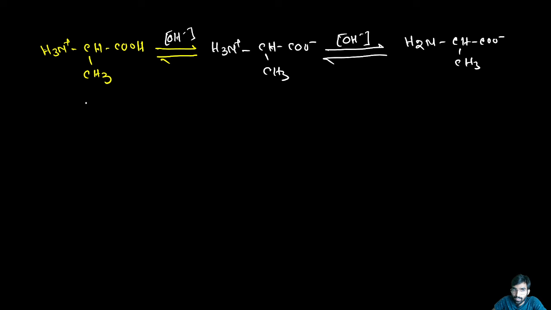So at that condition the charge is +1, because you can see the +1 charge is there. Here the charge is 0, here the charge is -1. So as you increase the hydroxyl, the amino acid molecule will release protons one by one.